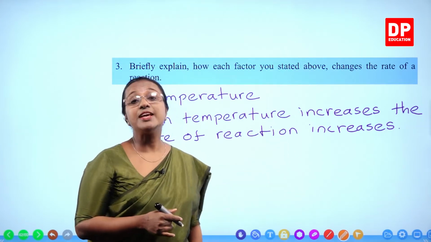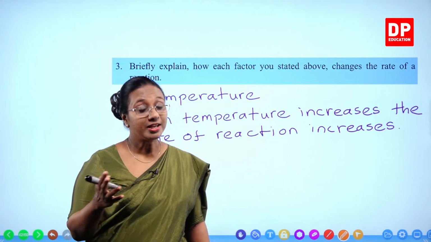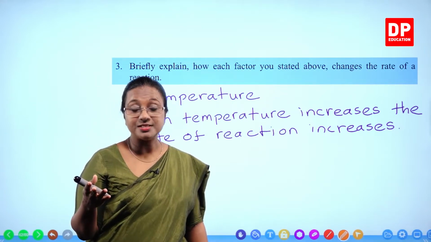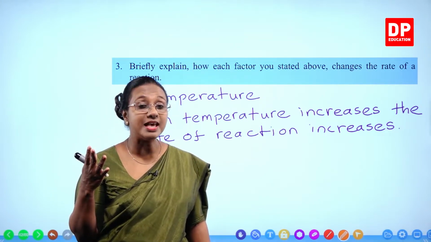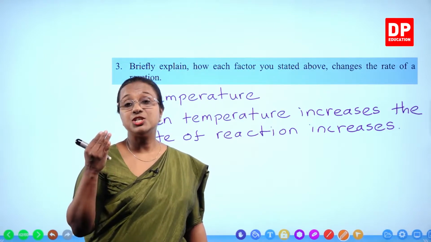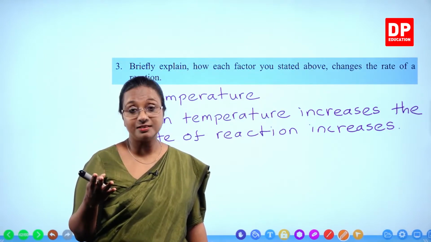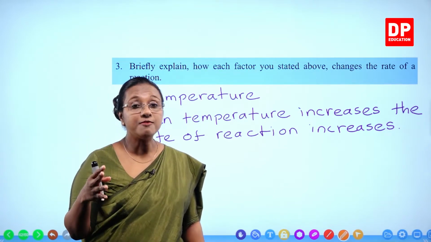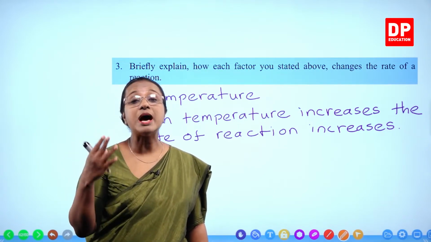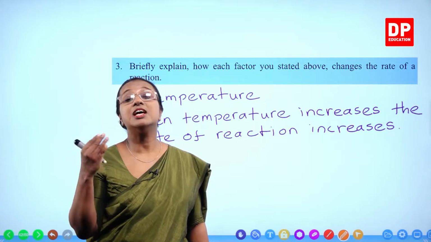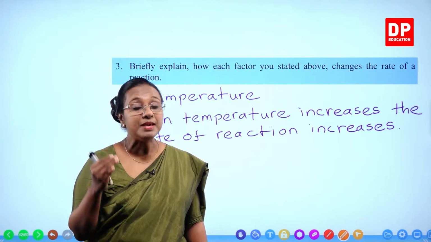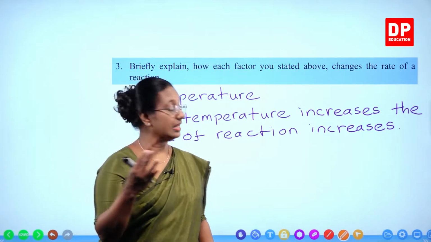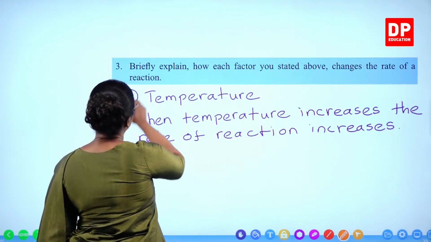Now how can we explain this? You all can remember. We provide heat energy to increase the temperature. So then what happens there? The kinetic energy of reactant particles increases. Because of that, they move faster and therefore there will be more number of collisions in a unit time. And because of that, their rate of reaction will increase. That is what you need to explain.